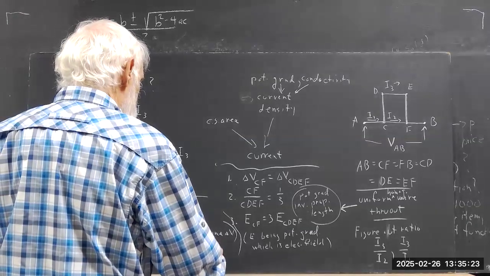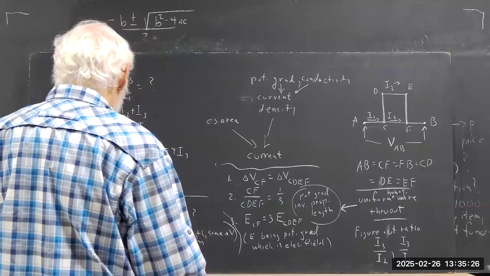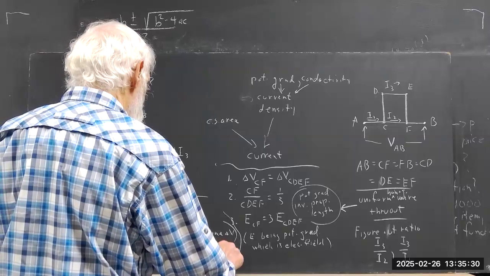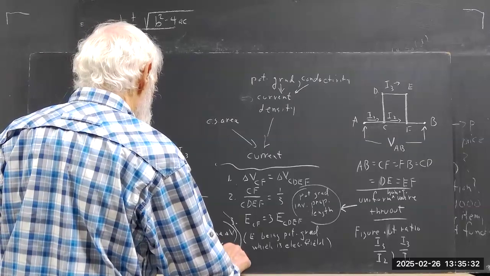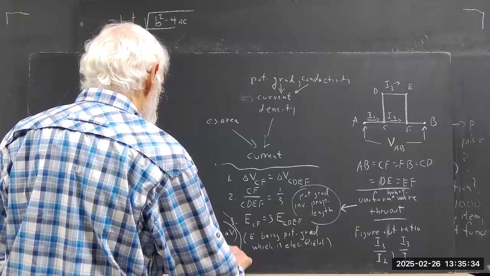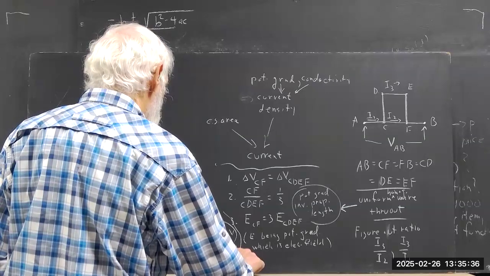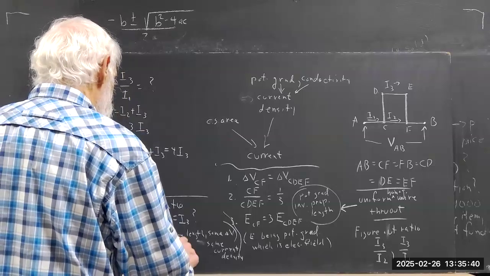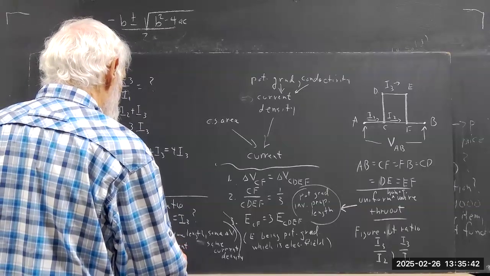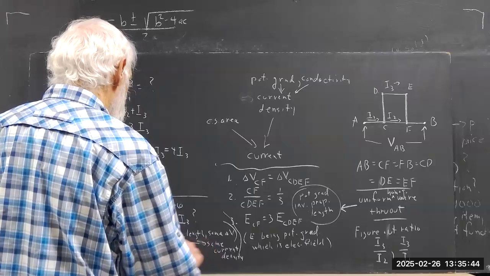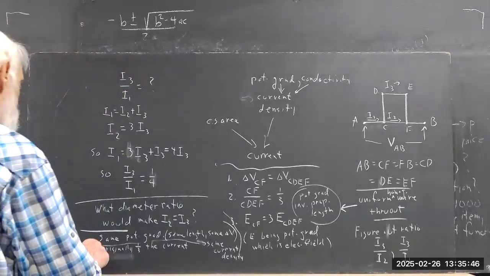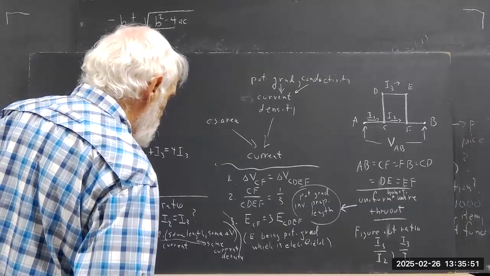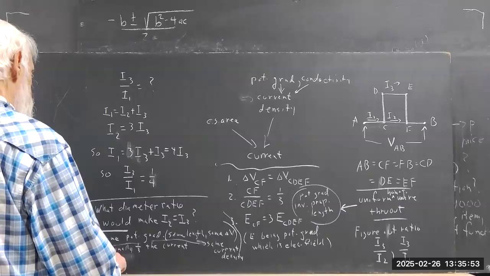I'll just say, from all this, so interspersed between here and here, you have the same current density. You have originally 1/3 the current.